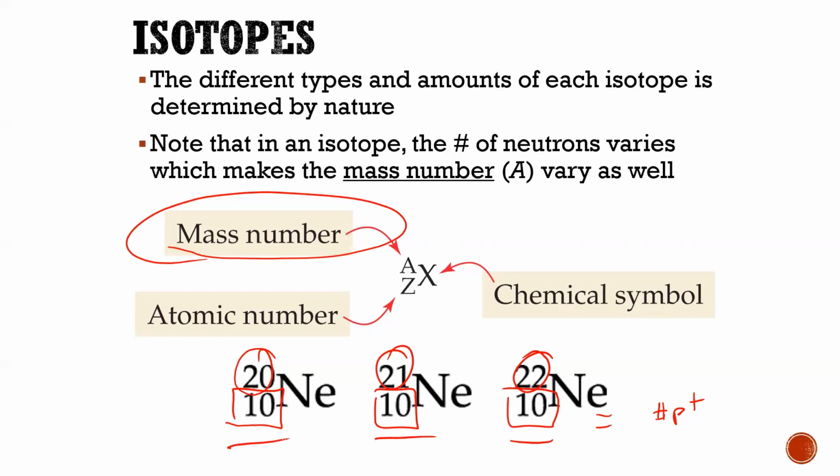The reason they have different masses is because both protons and neutrons have an AMU of 1. So if we're trying to figure out the number of neutrons for this isotope of neon, we'll call it neon 20, it has 10 neutrons. This one would have 11. Why? Because that's neon 21, the isotope of neon 21. This would have 12 neutrons. All we're doing is subtracting.